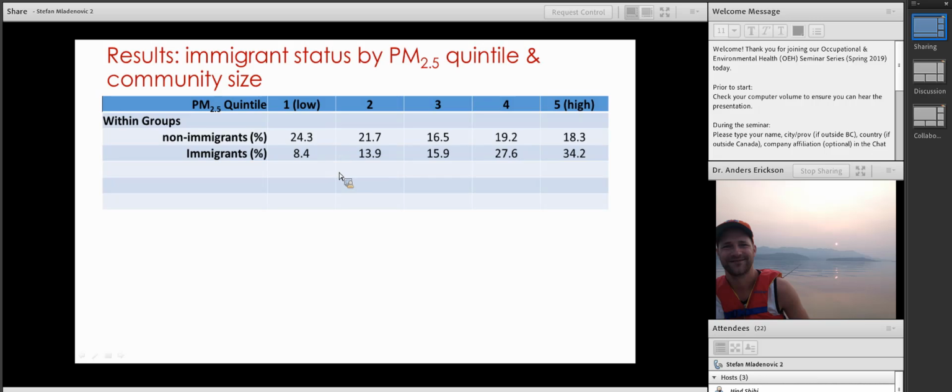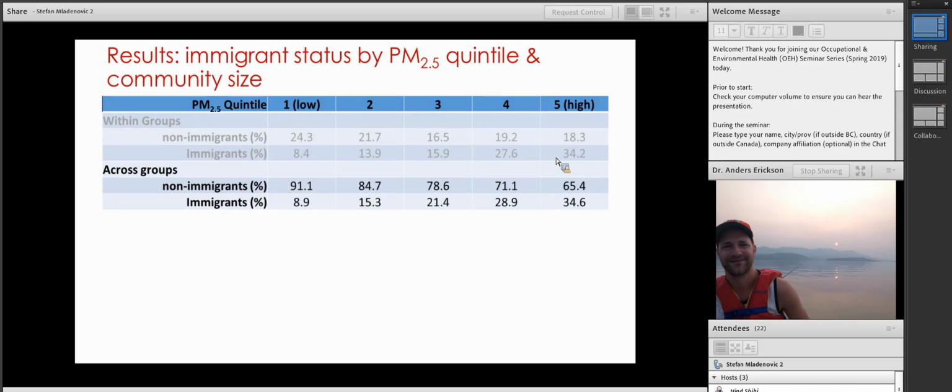For non-immigrants, you see a fairly even distribution across PM quintile, but for immigrants, the majority are in the higher PM category, with greater exposure. When you look across groups, again you see this disparity, quite a bit of disparity between non-immigrants and immigrants.